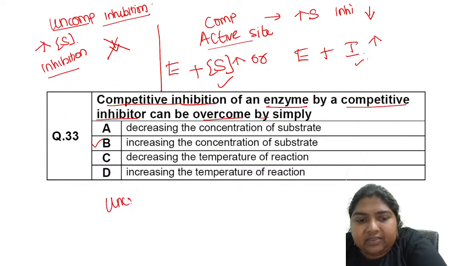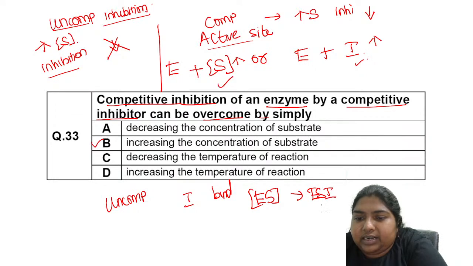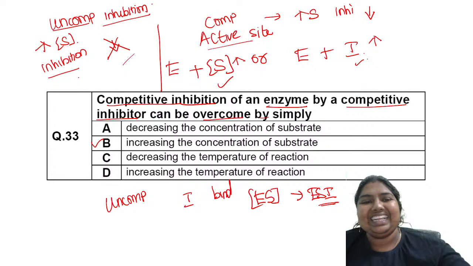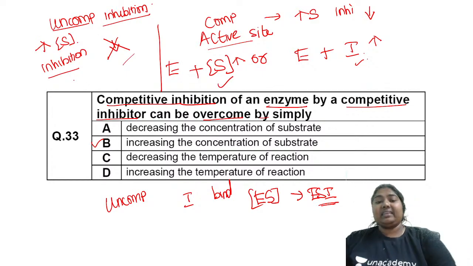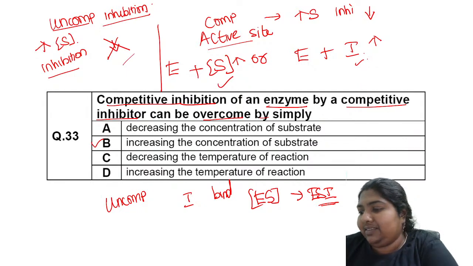In uncompetitive inhibition, the inhibitor binds the enzyme substrate complex and forms ESI. So if you keep on adding substrate, it is going to form more ESI. Inhibition is not going to reduce, but it is promoted. So this overcoming is only applicable to the competitive inhibitor. It is not true for the uncompetitive inhibitor.